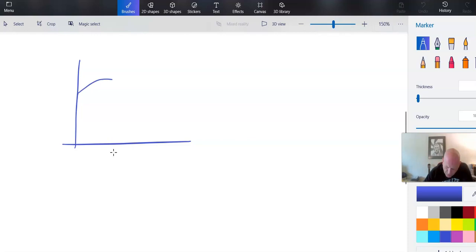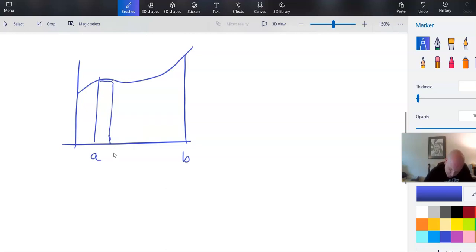But when you're estimating one of these things from A to B, and you come up with these rectangles, you end up with an evaluation point. We'll call the evaluation points C1, C2, all the way up to Cn, whatever they happen to be.